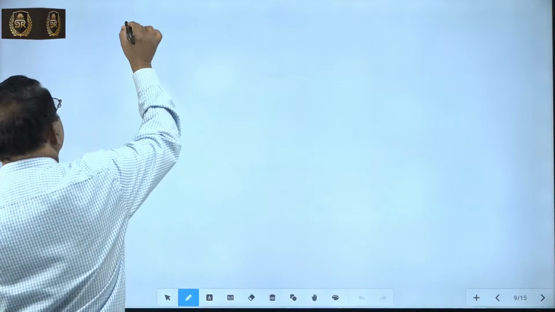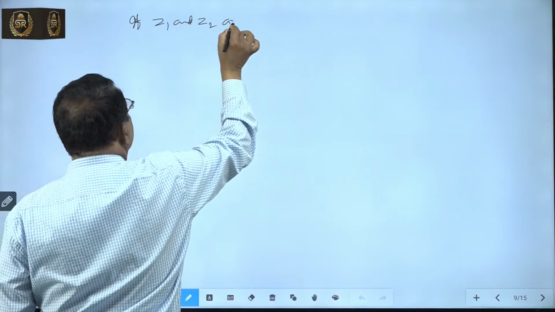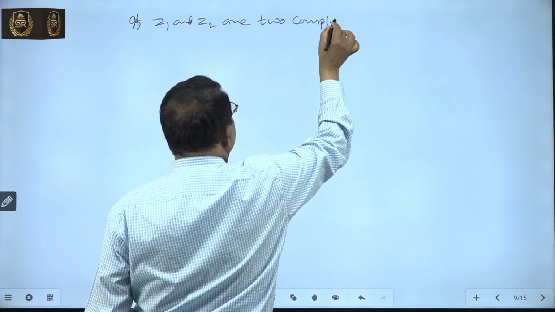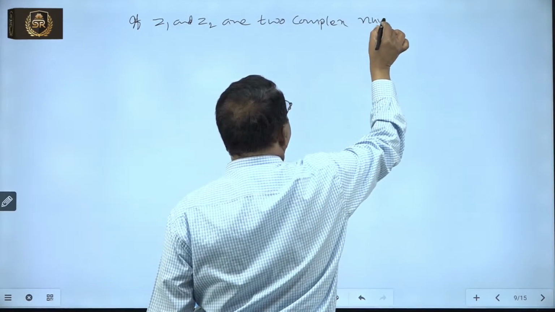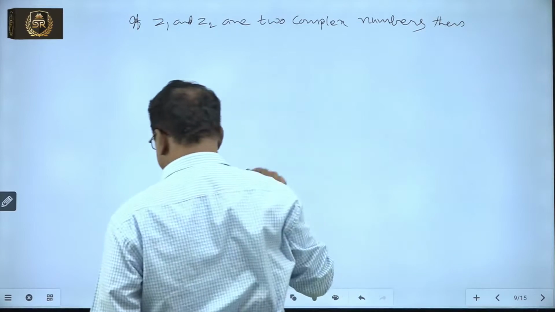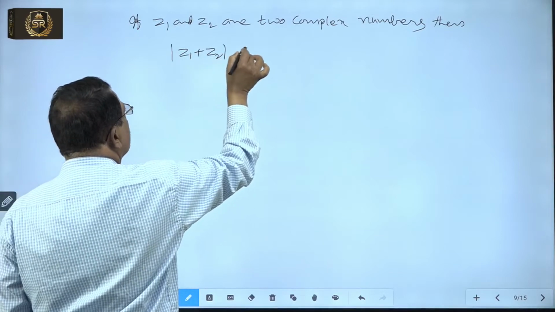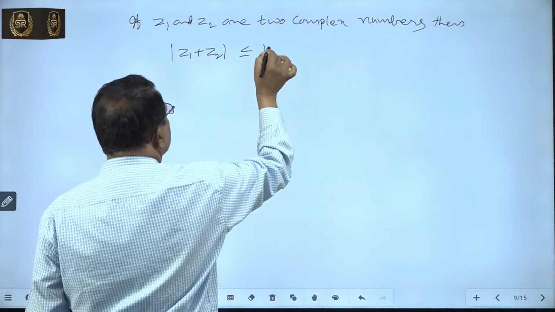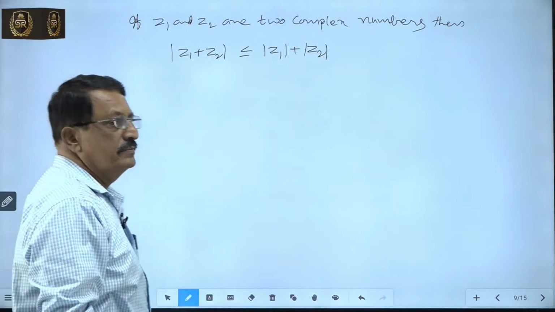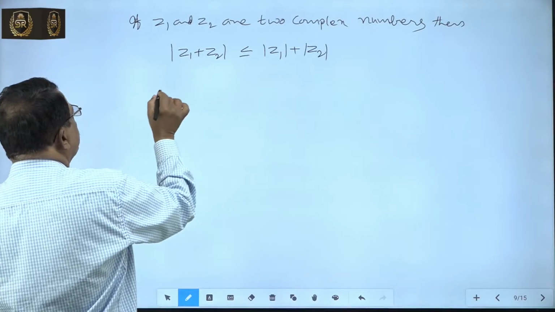Next, if z1 and z2 are two complex numbers, then mod of z1 plus z2 is less than or equal to mod z1 plus mod z2. See the solution.